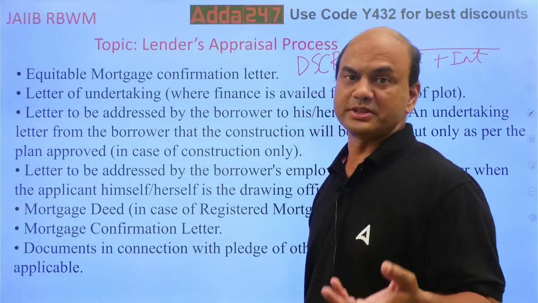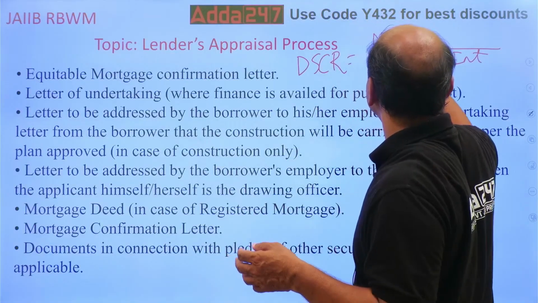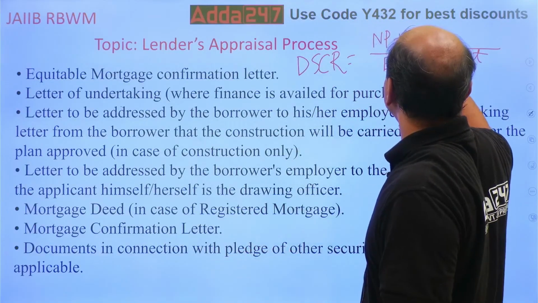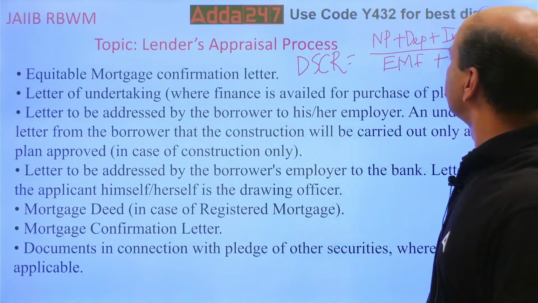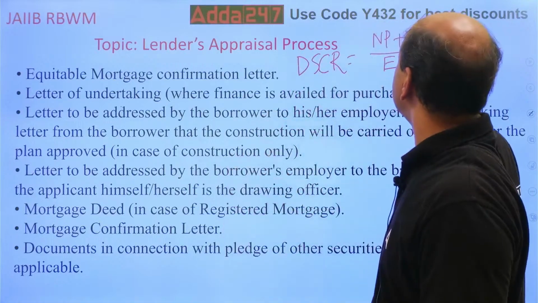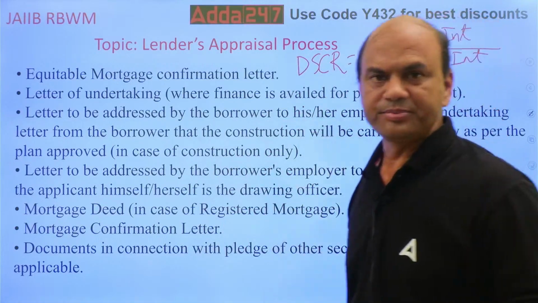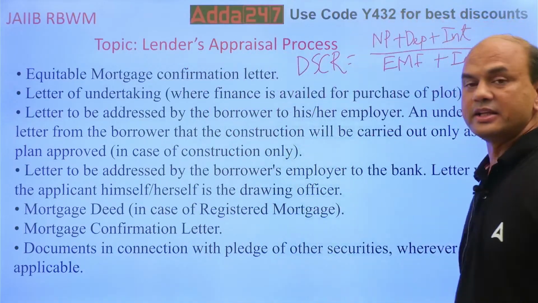If you are a business person, then net profit plus depreciation plus interest on long-term loan. See, this interest part comes two times, once in the numerator, once in the denominator. If you are a salaried person, you'll have only salary over here. So that was the point, and this was the lender's appraisal process.